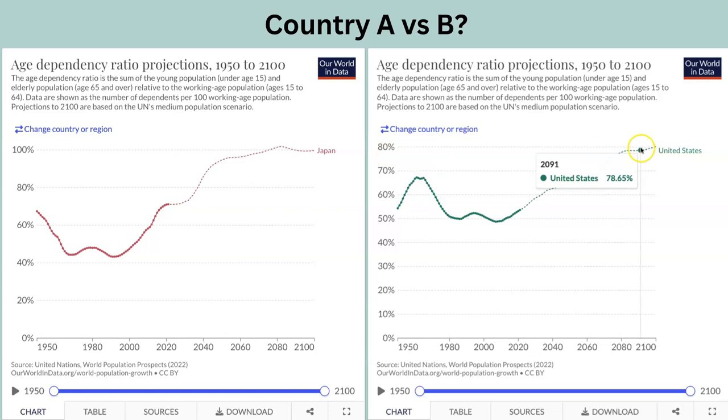So it will be very big. The age dependency ratio does not only mean the younger generation or the older generation, but the combined version of the very dependent age groups relative to the economically very active group from 15 through 64.